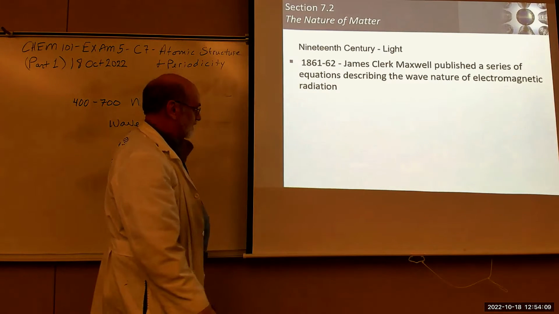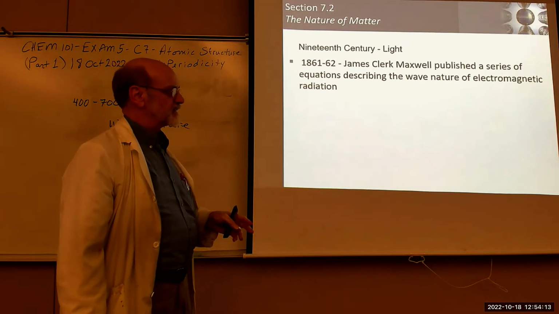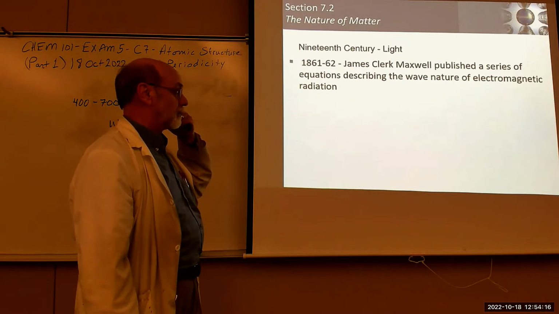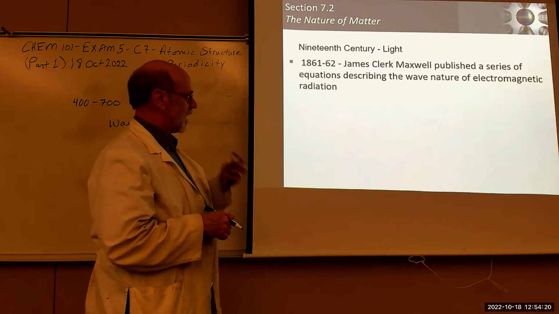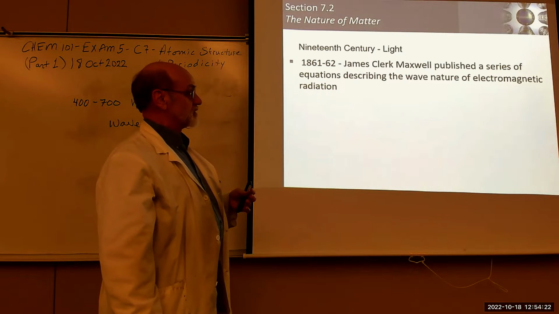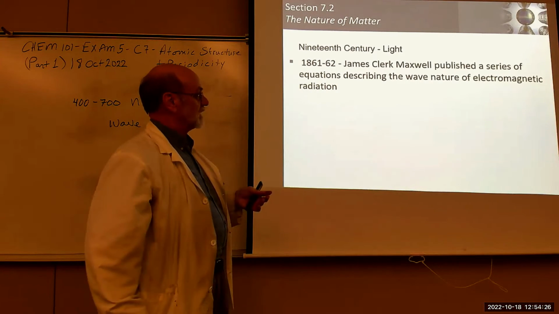Based upon that nature of light, a brilliant mathematician by the name of James Clerk Maxwell derived a set of equations that would describe electromagnetic radiation.